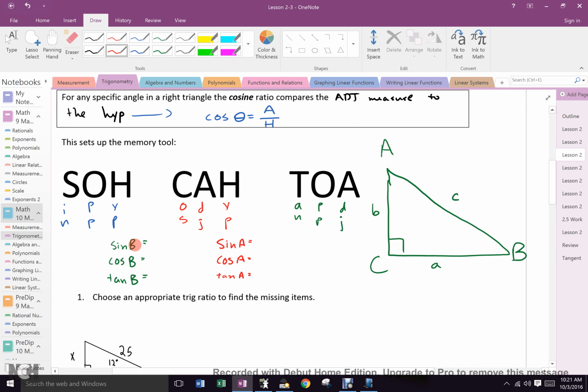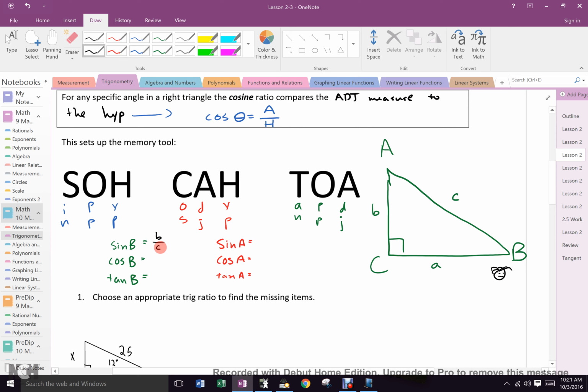If I want the sine of B, then where is Myers standing? At A or at B? B. I'm down here. Which means sine of B is opposite over hypotenuse, yes? So what is opposite of me when I am at B? Lil b. What's the hypotenuse? Lil c. Right?